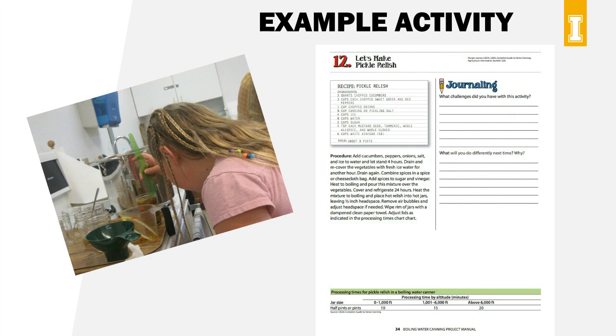Basically, this is the idea of really having them think back on the whole activity and what did they struggle with? What did they have a hard time with? Or did it go great? Was it smooth? Maybe they wouldn't change anything. Maybe we wouldn't do anything differently, but we want them to have that thought process and not just do it and leave it. We want them to have that reflection, so that's why those questions are there.